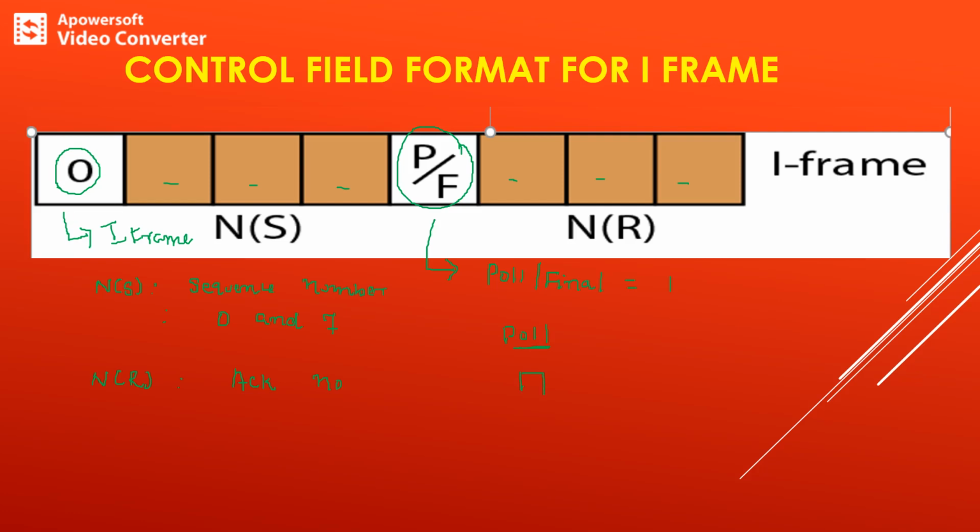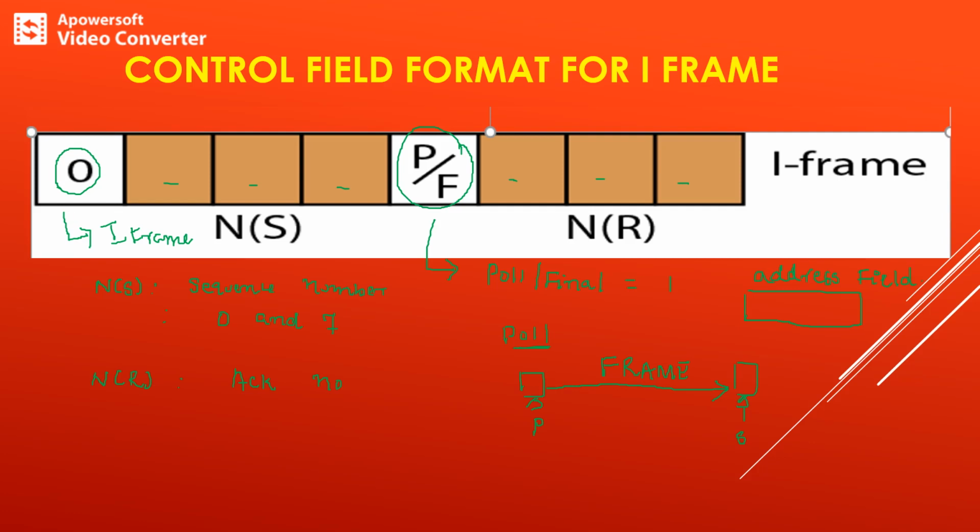I'll consider one primary station, and one more is the secondary station. Poll means when the frame is sent from the primary to the secondary, and we know that always in the address field, we have to write the address of the secondary station.